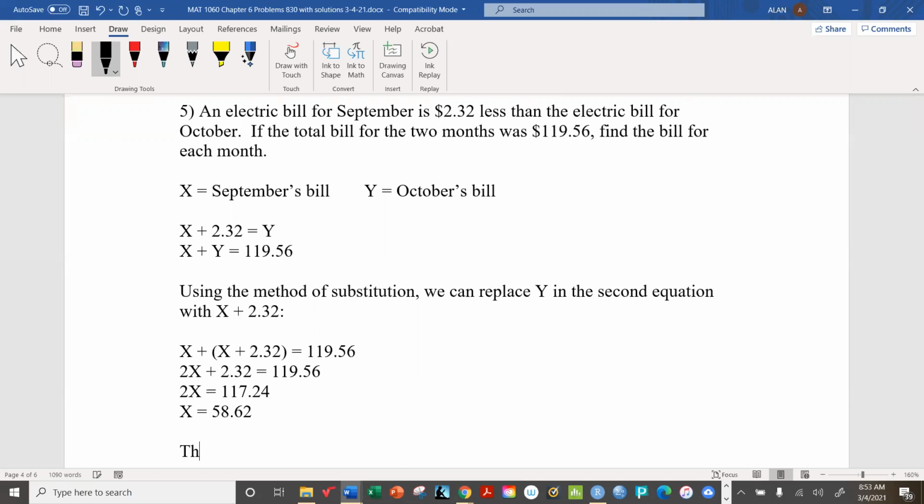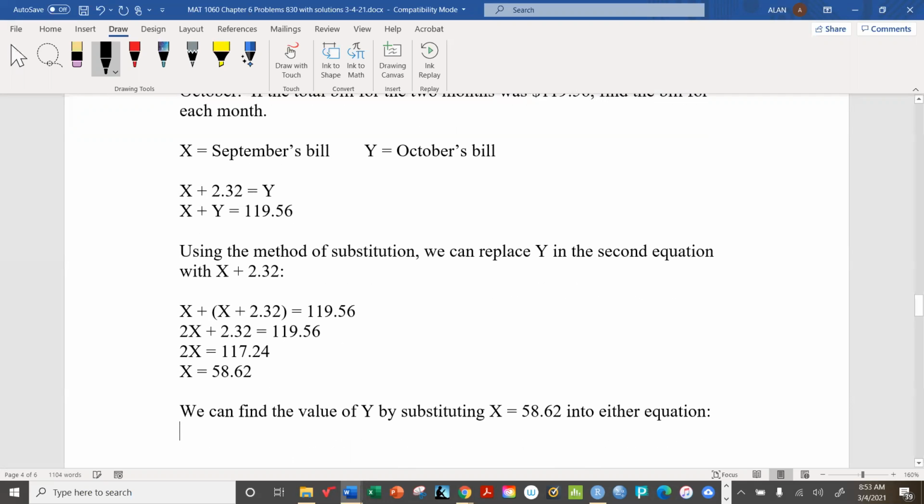So therefore, we can find the value of Y by substituting X equals 58.62 into either equation. So let's pick the first one. 58.62 plus 232 equals Y. And when you add those two numbers together, you get 60.94.